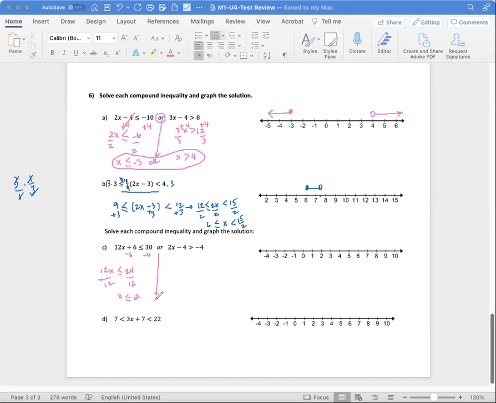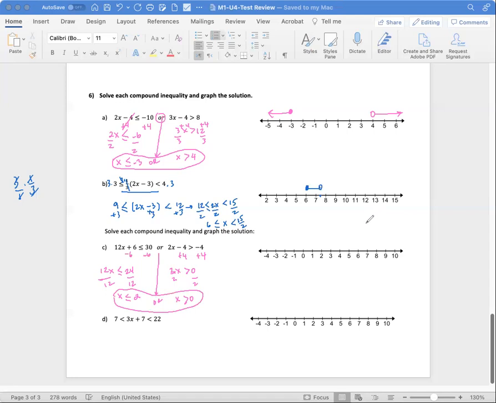And then remember, add 4 here. You get 2x is greater than 0. So don't cancel the right-hand side. There's 0 as a value, so just leave it there. And then, meaning 2x is positive. So divide by 2, divide by 2. That means x is greater than 0. So your answers are x is less than or equal to 2, or x is greater than 0.